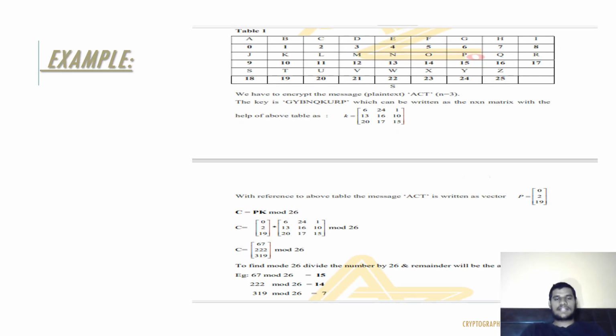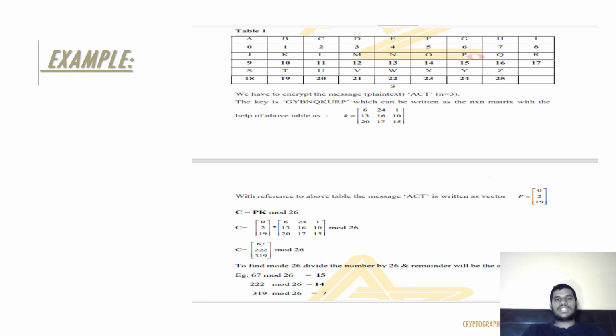As we can see in the example, A is given the number 0, hence we have 25, whereas in the other topic we had I and J merged. Here we have to encrypt the plain text message ACT, where n equals 3.